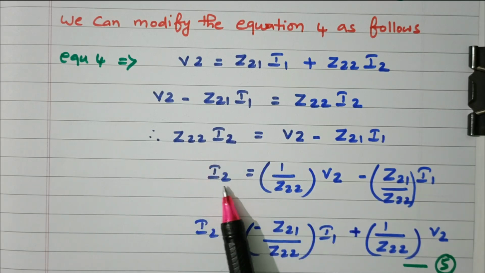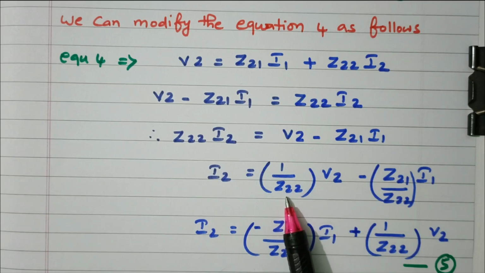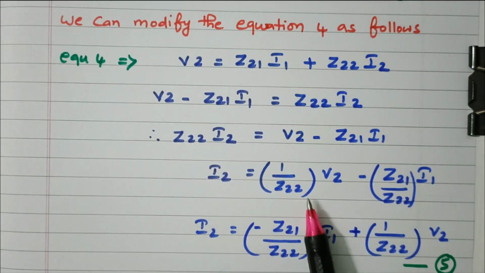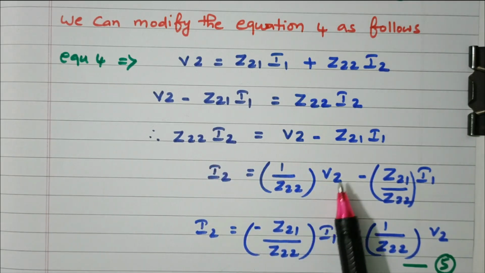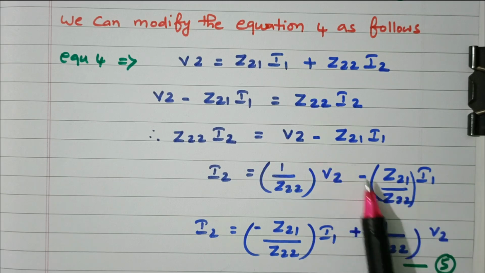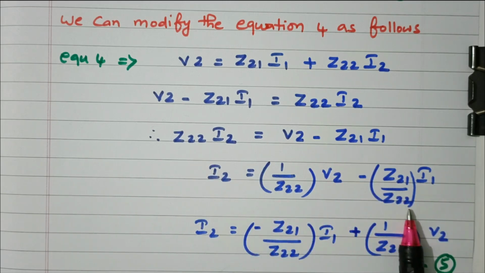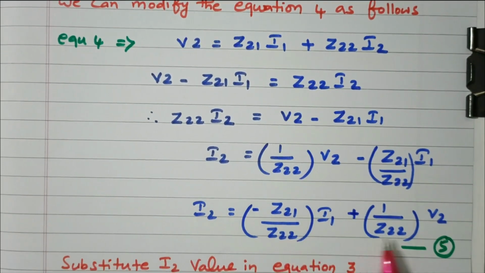So I2 equal to 1 divided by Z22, this Z22 brought to the denominator, into V2 minus Z21 divided by Z22 into I1. This minus is there. So we'll write the I1 term first, then the V2 term.